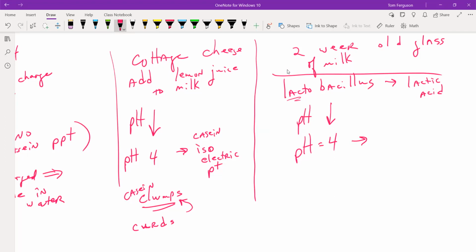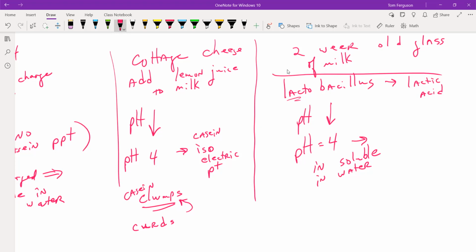The protein is no longer negative. Its net charge is 0 and it becomes insoluble in water. So it clumps up.